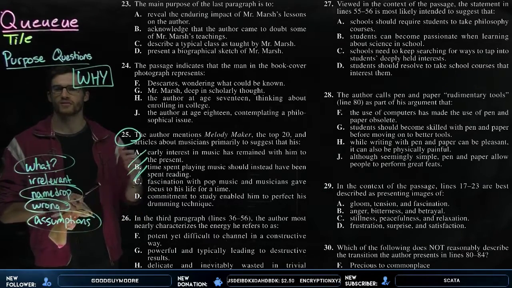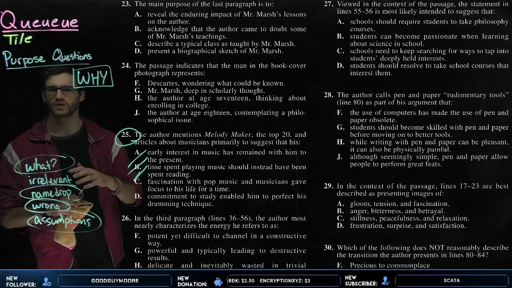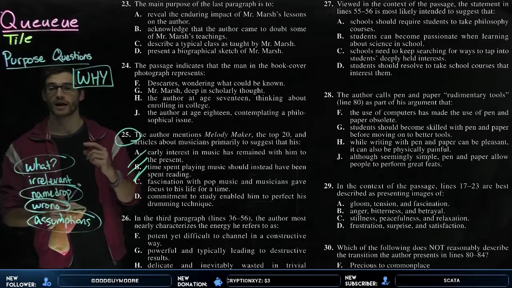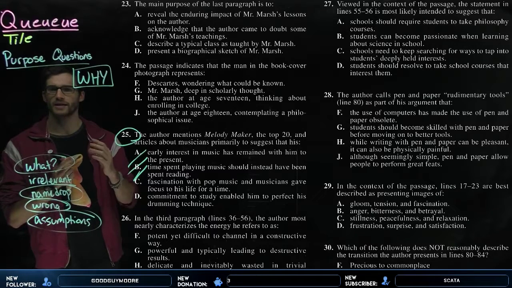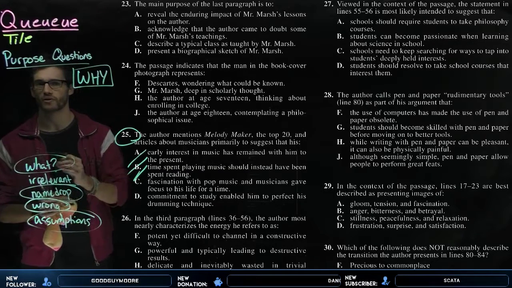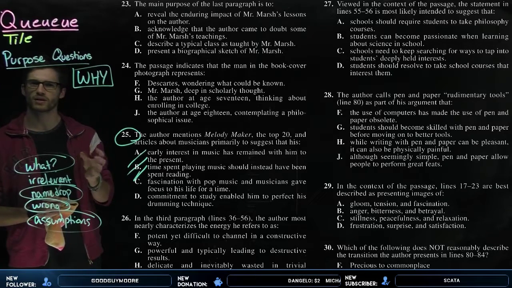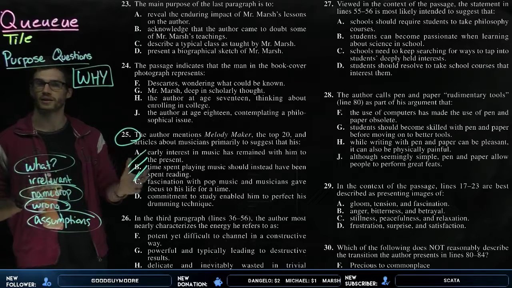Now, C, to suggest that his fascination with pop music and musicians gave focus to his life for a time. I like that. It's about pop music, it interests him, and it gave focus to his life for a time, which is very nice because he was alluding to that when he said, in my early childhood, I had this undirected mental energy.